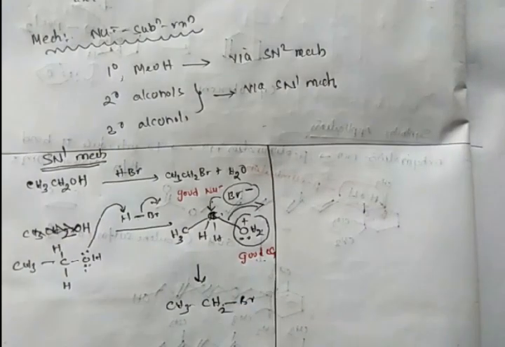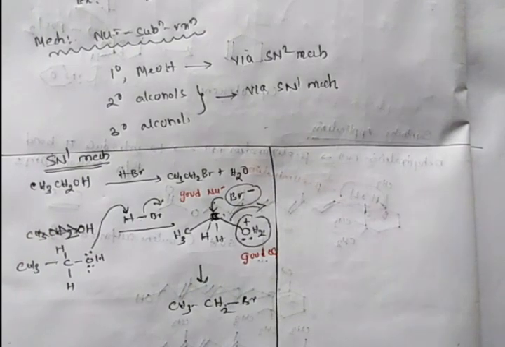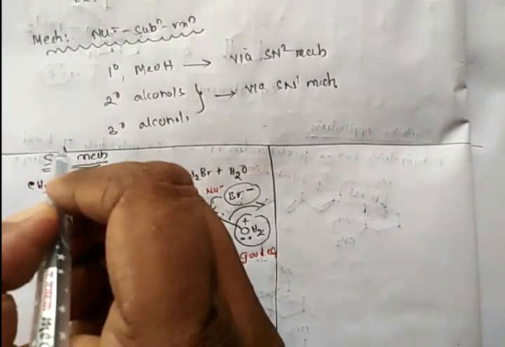So this is the way of conversion of an alcohol into an alkyl halide. As primary alcohols and methanol undergo nucleophilic substitution reaction via the SN2 mechanism.